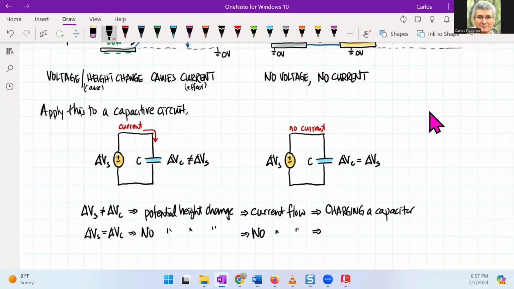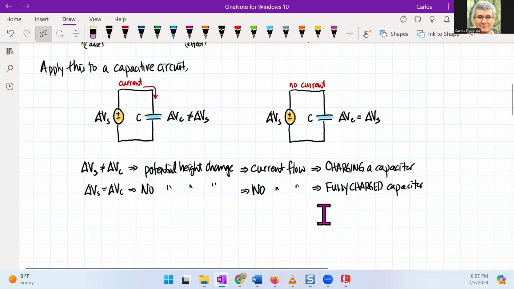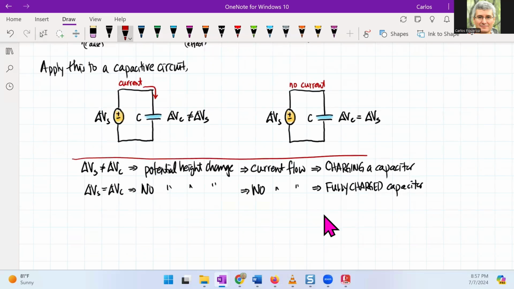And this tells us that we now have a fully charged capacitor. So in this situation, we're really looking at this guy up above, but there's no current. So this is what we mean by all of this right here.